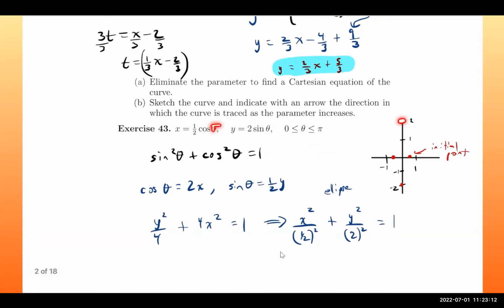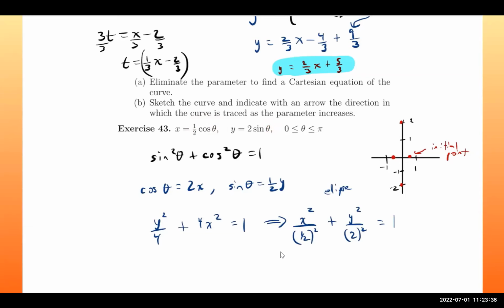And if you plug in pi over 2, you're going to get this point up here. The cosine of pi over 2 is 0, and sine of pi over 2 is 1. 1 times 2 is 2, so that would correspond to that point. And if you plug in pi for theta, you're going to get cosine of pi, which is negative 1, which is negative 1/2 for the x-coordinate.